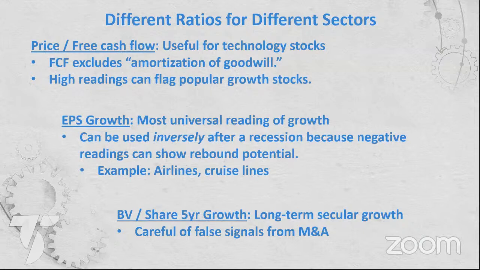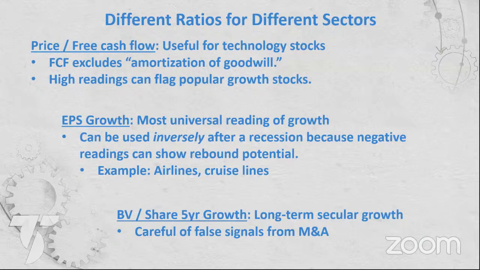So the problem is that certain technology companies, when they buy each other, they end up with very high book values that are not real. And then what they have to do is they have to depreciate that down. So every quarter they're taking losses on it, but it's all accounting. And so what happens is their earnings are much lower than they really are, their earnings per share, because earnings per share include the impact of depreciation or amortization of goodwill.